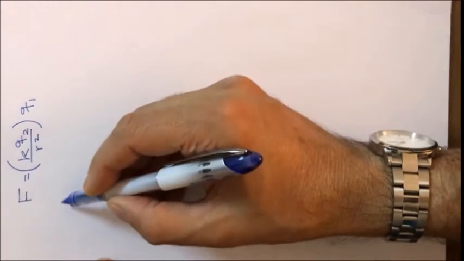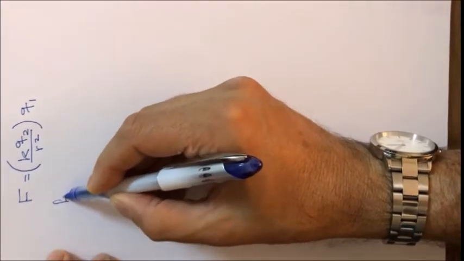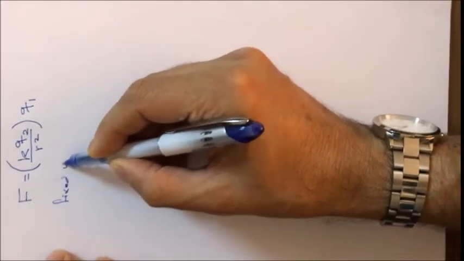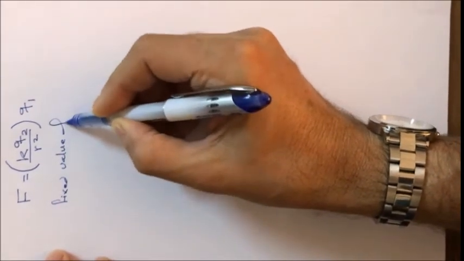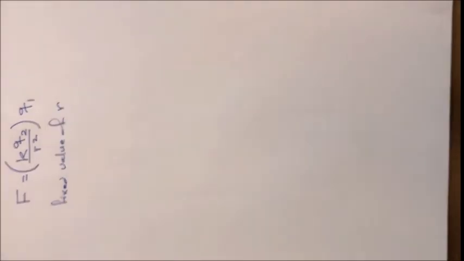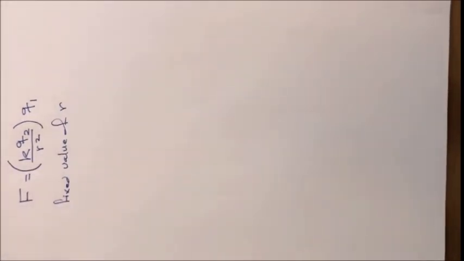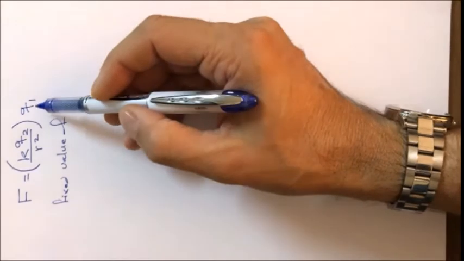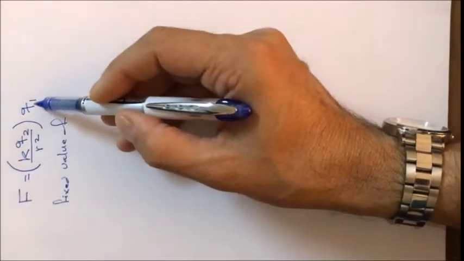So we will use a fixed value of R. So we are not going to change the distance between the 2 charges, but we are going to measure the force for several values of Q1.